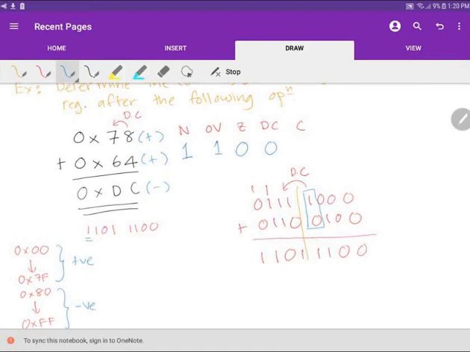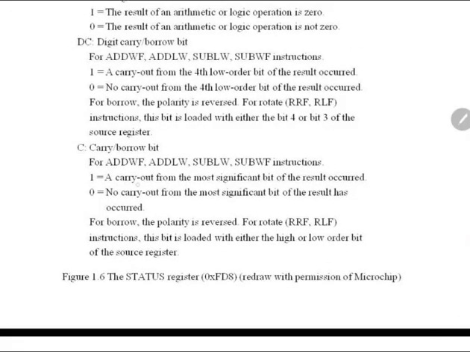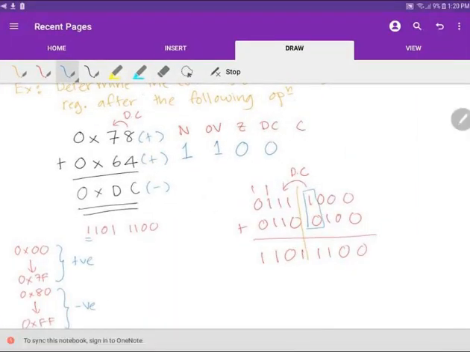Now carry is a carry out from the most significant bit of the result. If you have a carry out from here, this is known as carry, which means when you add 6 and 7, if you have a carry out, that is known as carry, which means you are getting a result more than 8 bits.